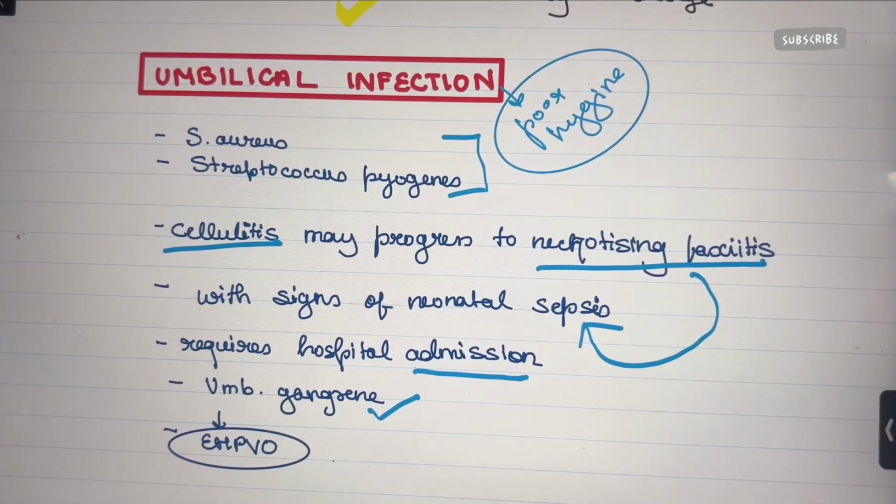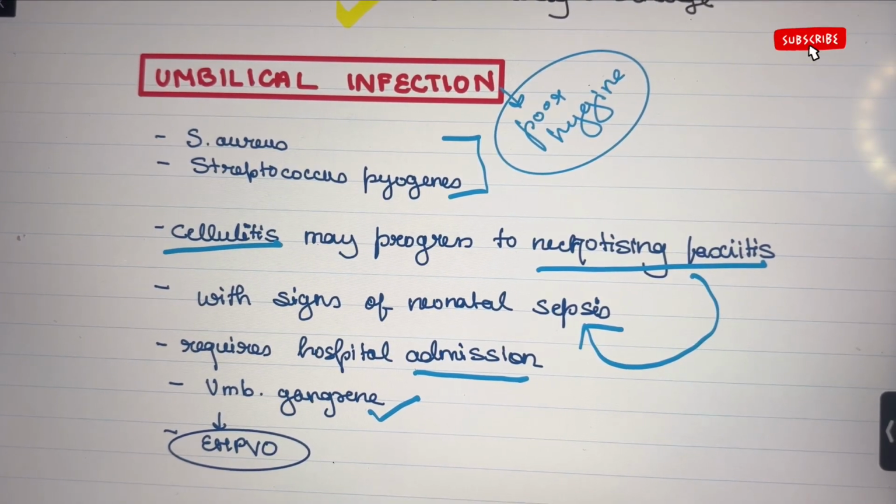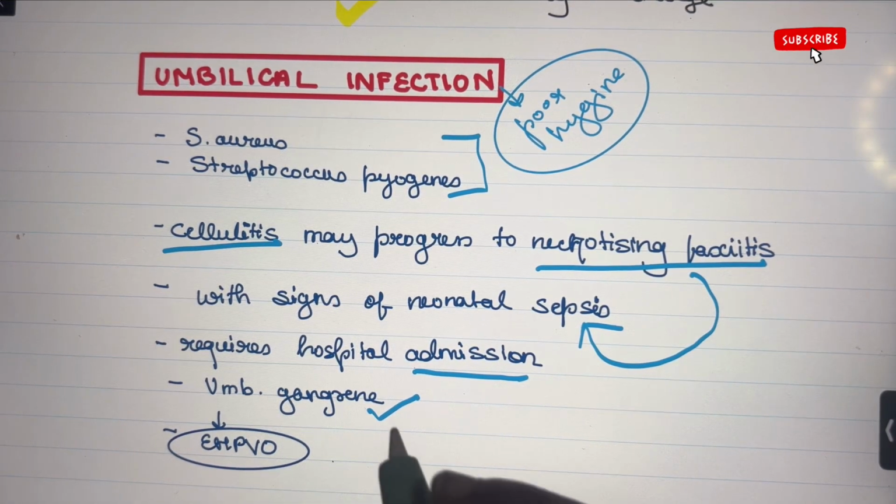As I have told earlier also, the umbilicus is related to the portal vein in the child, because the left umbilical vein remains and forms the ductus venosus, and the IVC and portal veins are related to that. So umbilical sepsis might cause EHPVO.